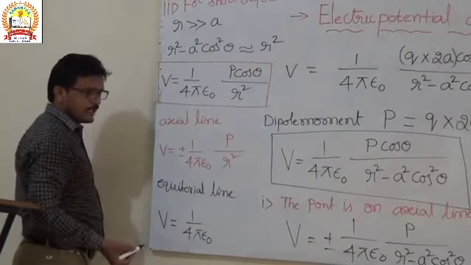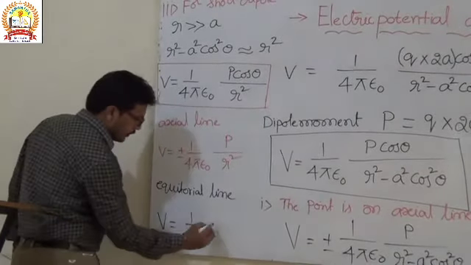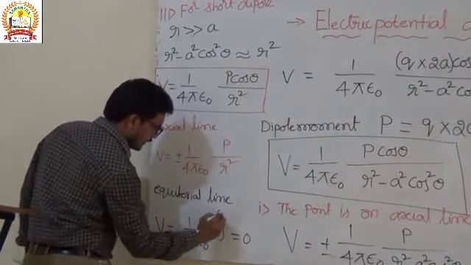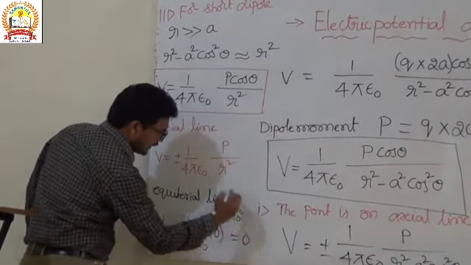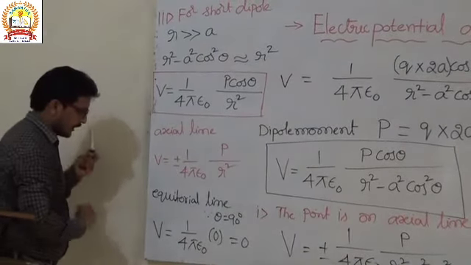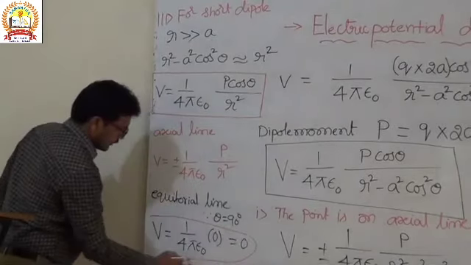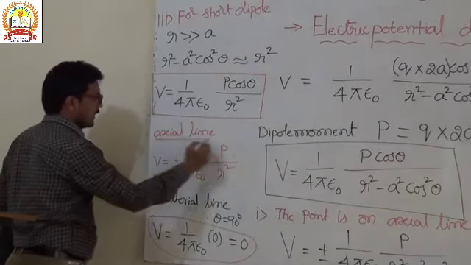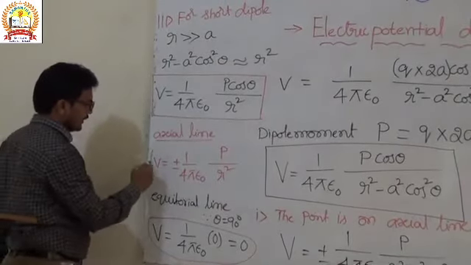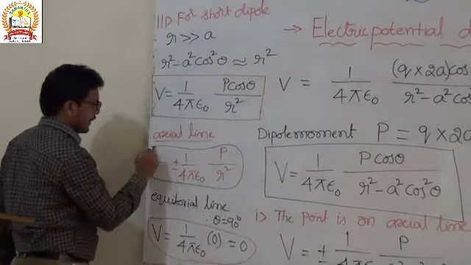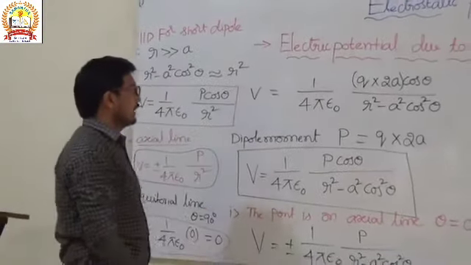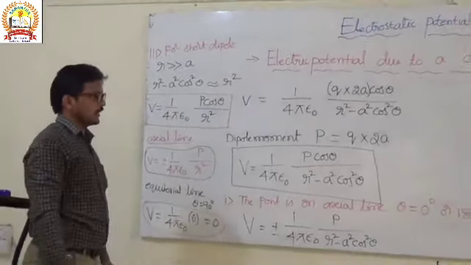So theta is 90 degrees, then cos 90 will be 0, so it will be 0. Since theta is equal to 90 degrees, cos 90 is 0, then the potential on the equatorial line is 0. And the potential on the axial line for the short dipole is V equal to plus or minus 1 by 4 pi epsilon naught P by R square. Okay, this is the electric potential due to a dipole.